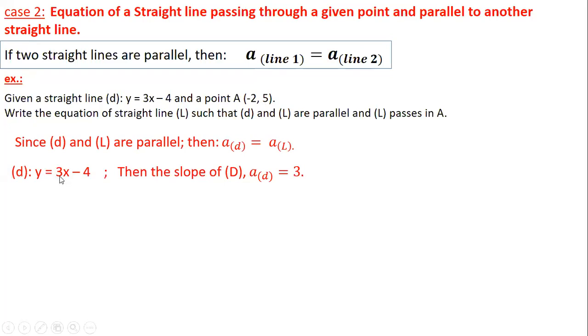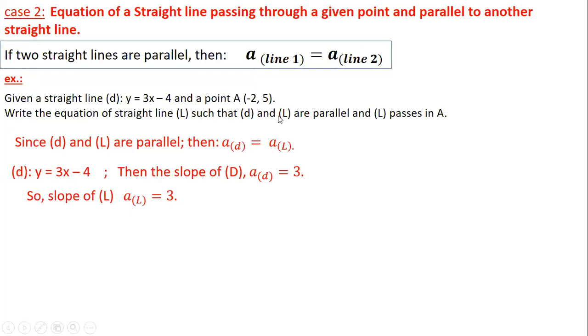When I'm looking for the slope of line D, it is the number multiplied by x. So the slope is 3. Always this is the slope of the straight line. So line D has a slope 3, and line L will also have a slope of 3. So I found the slope of L.